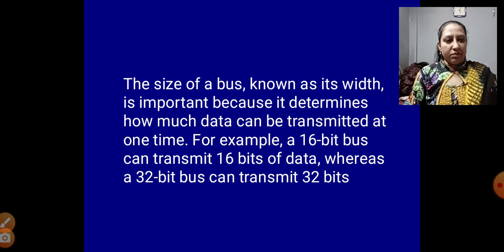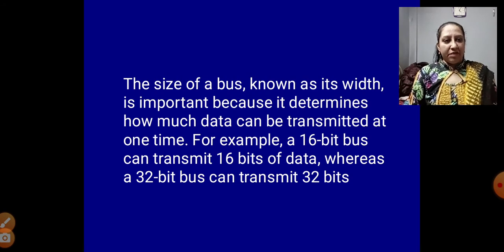Then you need to remember one term called width. What is width in reference to a bus? Only in reference to a bus, the width is the size of the bus. And why do we use this term called width? The width decides how many bits can be transmitted by the bus at a time. This is necessary to understand because the user cannot transmit simultaneously any amount of data he wishes to.